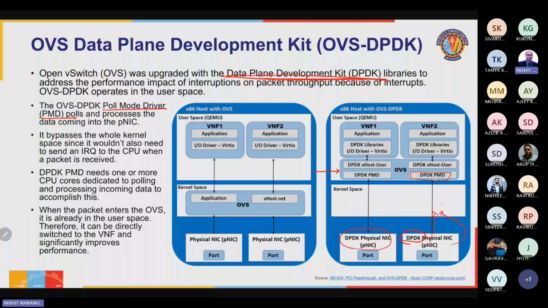As soon as the data is received, it directly reads it into user space memory and then gives it to the OVS to pass it to the VNF. So in this architecture, the duplication of data copying is once again removed. So you have exactly like in a physical server, one layer of processing of the traffic. That's what will happen in this architecture.